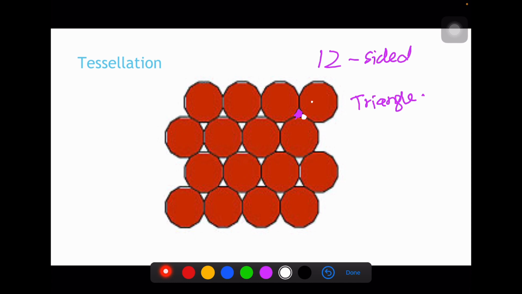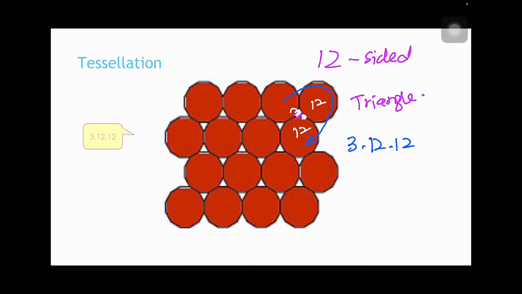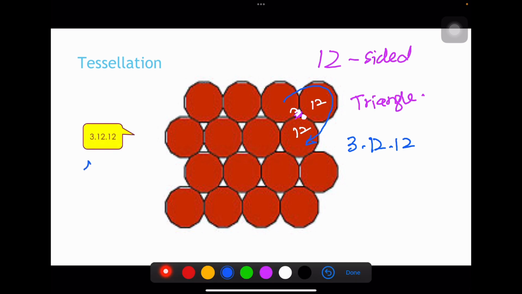You can see that this is 12, this is 12, this is 3. So how do you write the name? Go clockwise: 3.12.12. If you go anti-clockwise, you will also get 3.12.12.